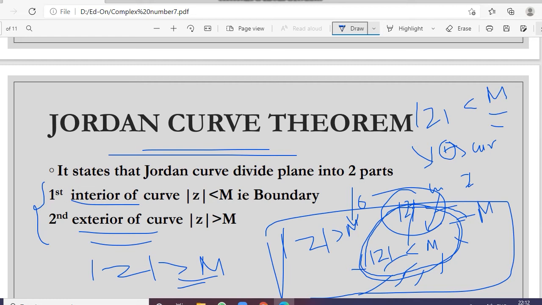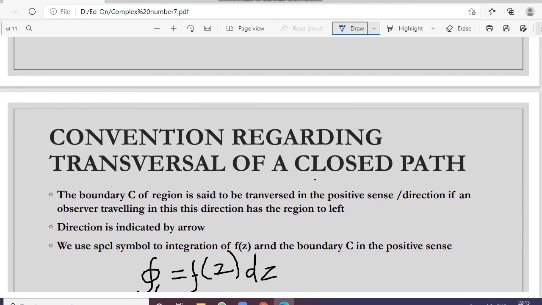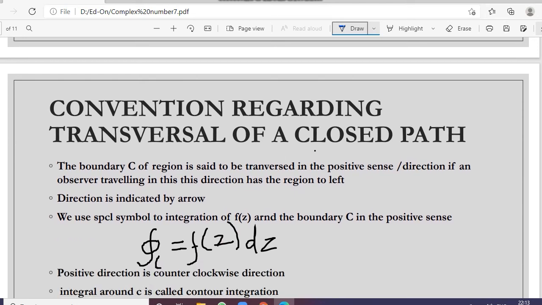Now let us discuss the conventions regarding the traversal of a closed path. Traversal of a closed path means how we see the negative and positive signs on a closed path. The boundary C of a region is said to be traversed in the positive direction if the observer is going to the left. Suppose this is a curve and the object here is stationary.